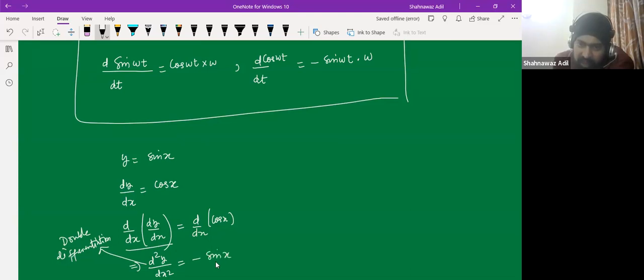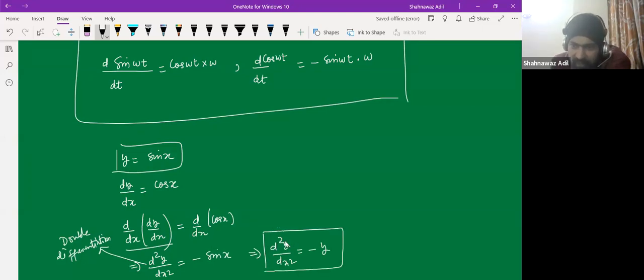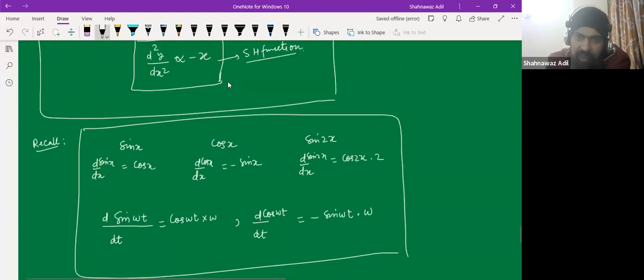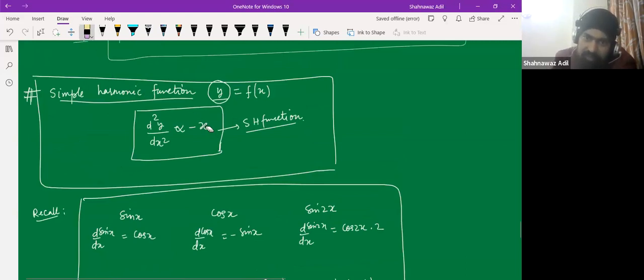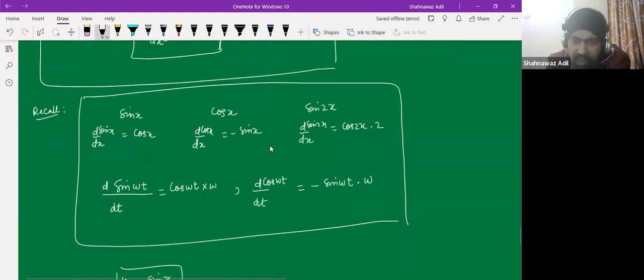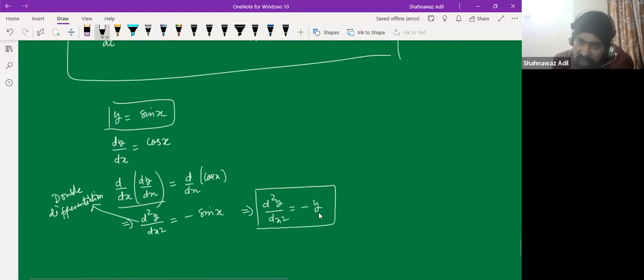Yes, sir. If we look back, sin x was y. So this is d square y by dx square, and that is minus of y. Did you guys see that if we are differentiating this function, we are getting the same function back again?